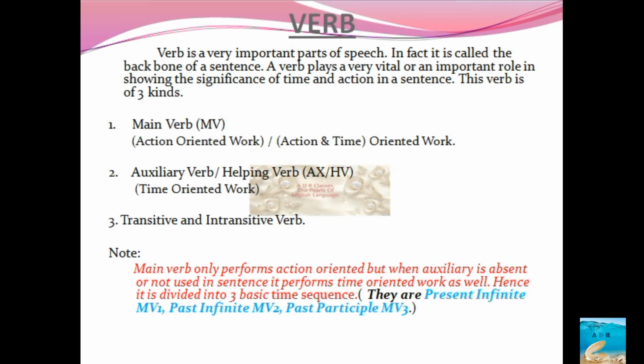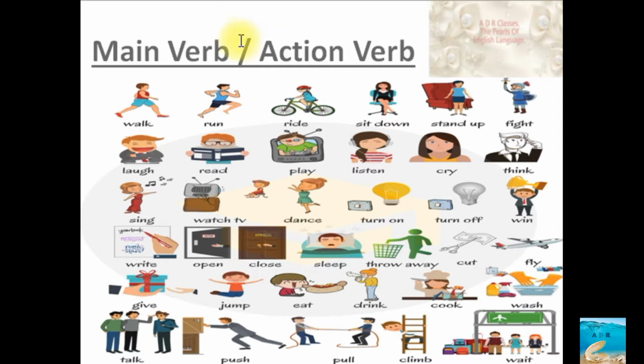Now we'll be moving on to the main verb in the present video. Main verb is action oriented. What is an action? You can see some images here representing the action being performed by some person at some level of time.